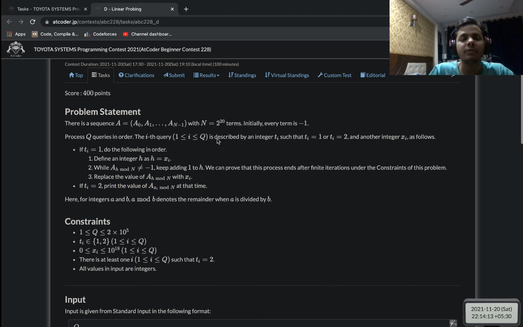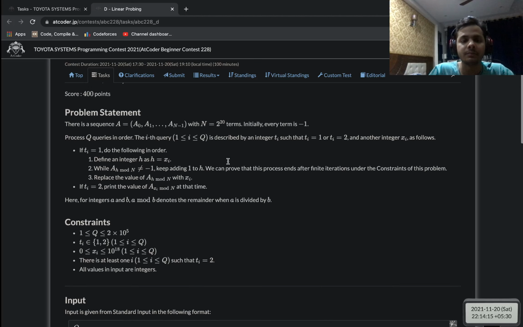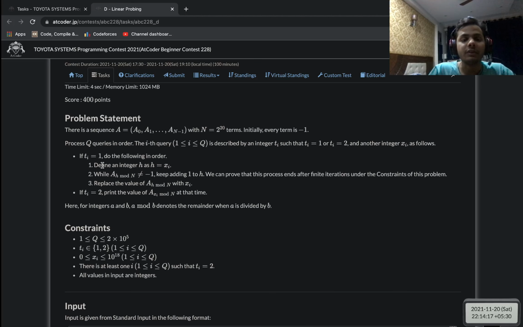But in the first type of query, the first step is to define an integer h, where h is equal to xi. Then you first check if a of h mod n is equal to minus 1 or not. If a of h mod n is equal to minus 1, you just replace a of h mod n with xi.